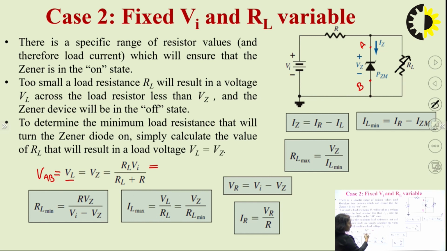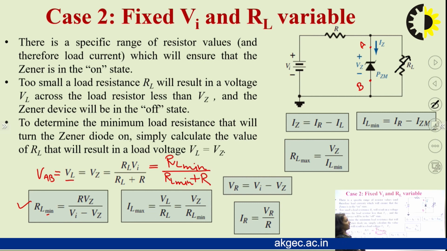So from this voltage divider theorem, using step 1, we can calculate the value of RL minimum. So that is RL minimum plus R. By manipulating this, we can calculate the value of RL minimum using this equation.